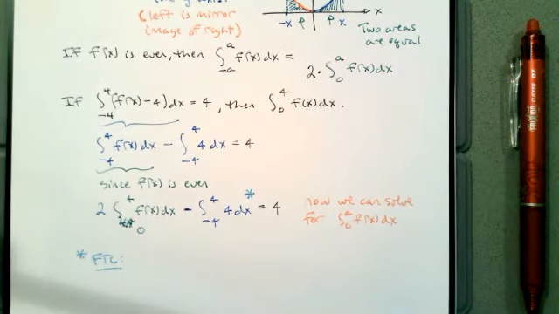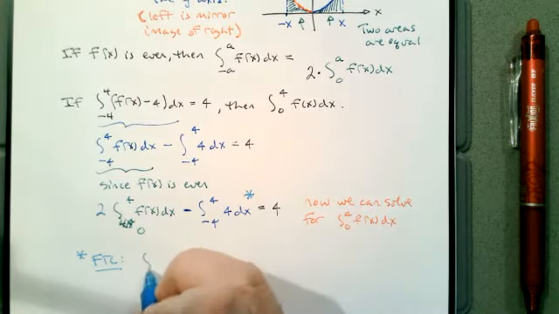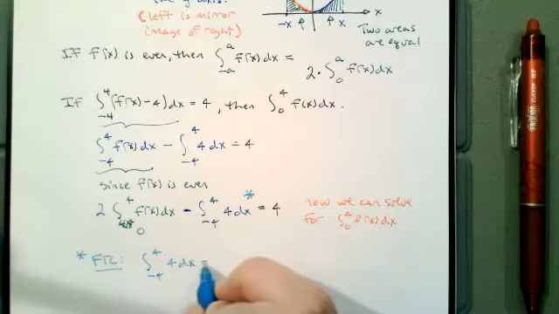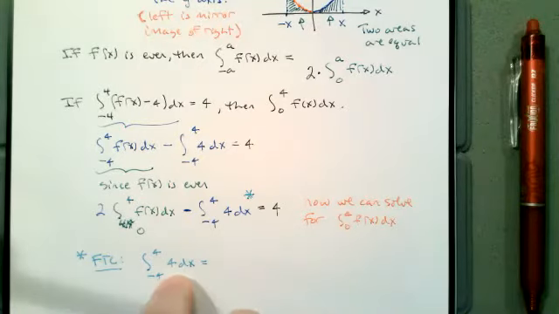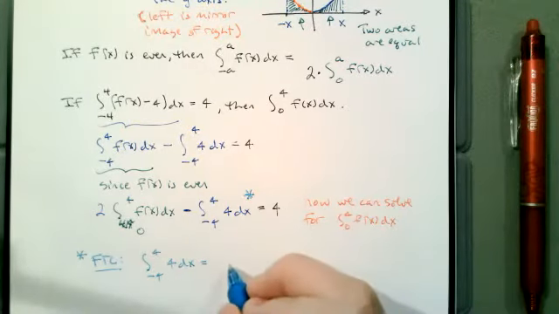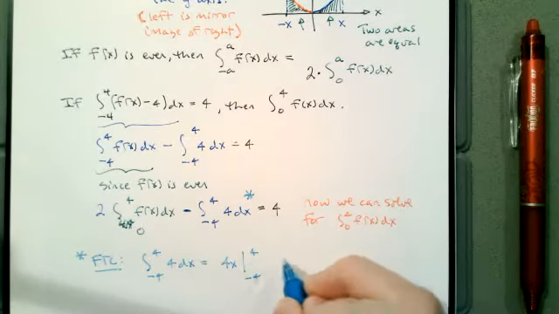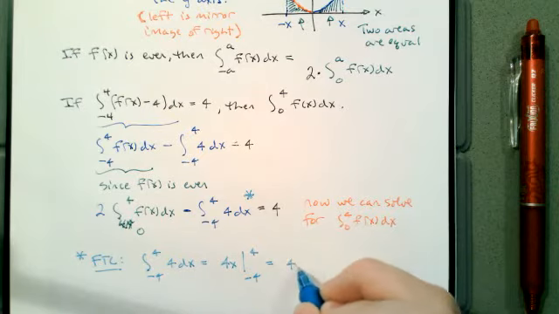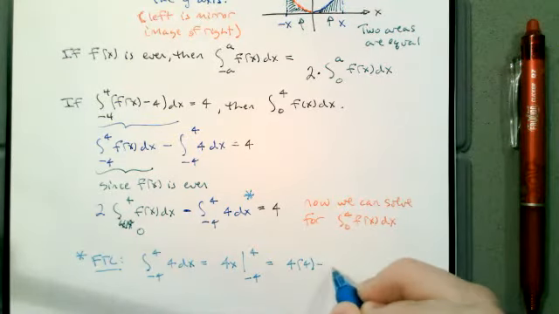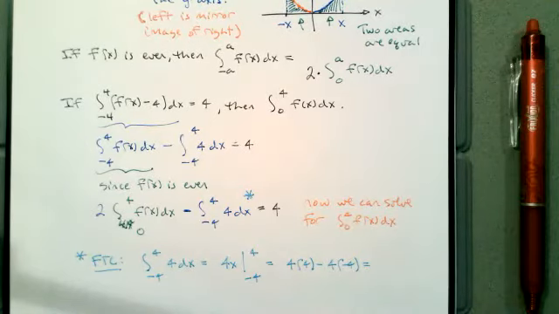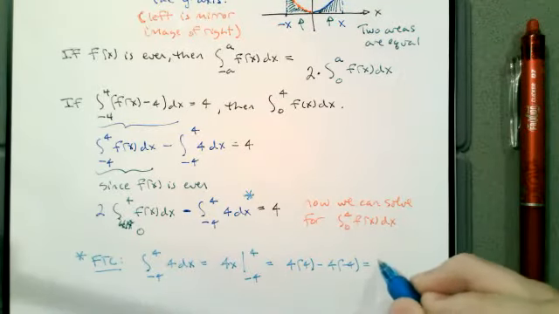The fundamental theorem of calculus says find an antiderivative of the function and evaluate from -4 to 4. So we would plug in the 4, plug in the -4, and simplify. So this will give us what, 32?